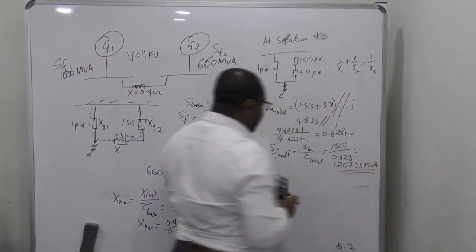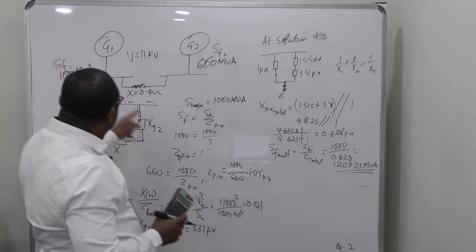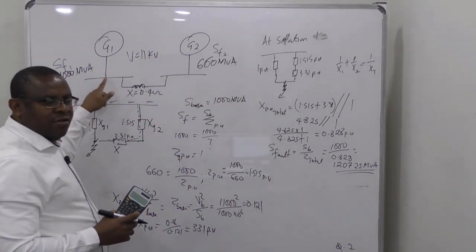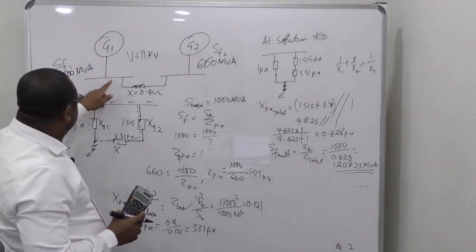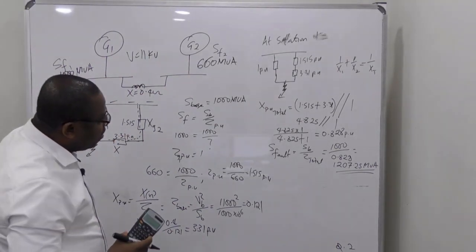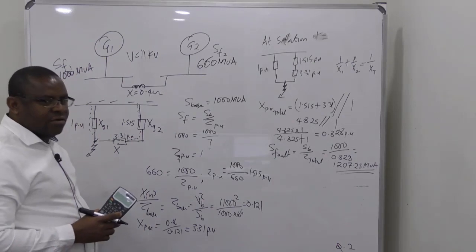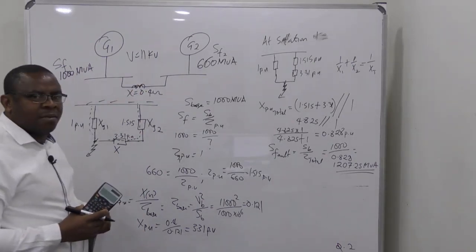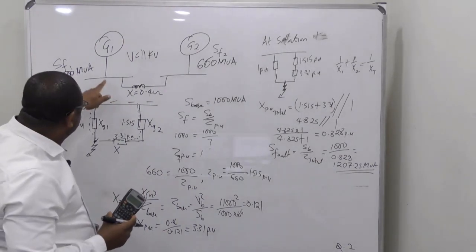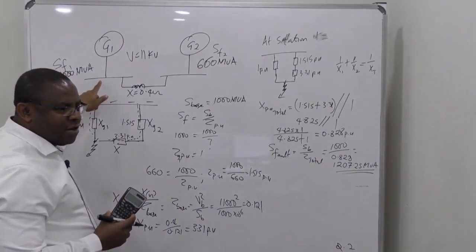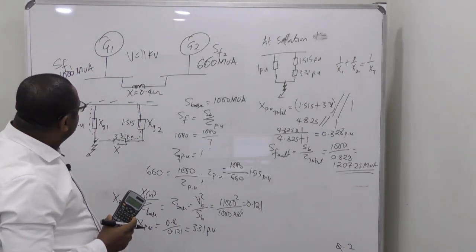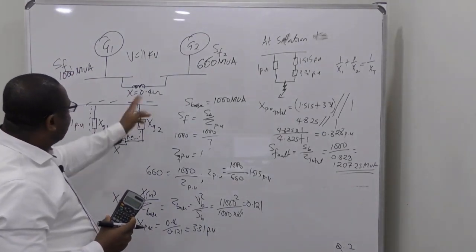This will be the fault level. Have you seen, just interconnecting this and that increased the fault level of this to 1207. But if you remove this, it will be 1000. So if this was not properly sized, then there's going to be a problem, once we interconnect this.